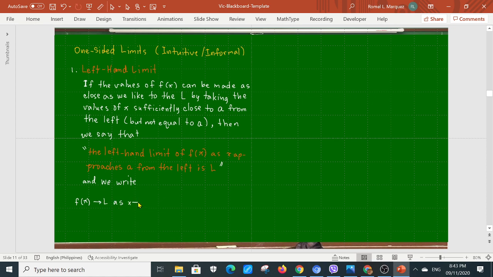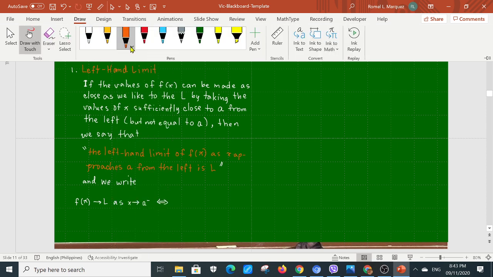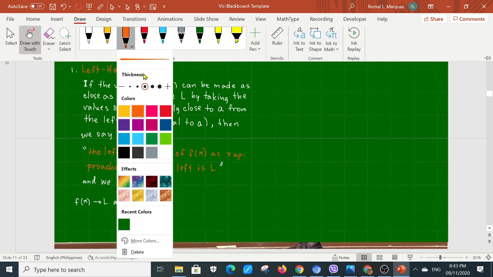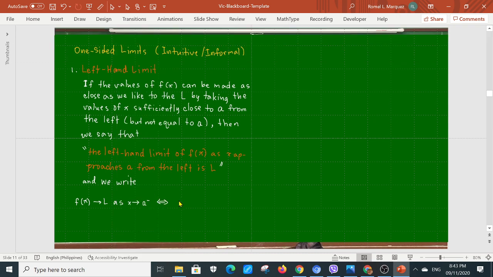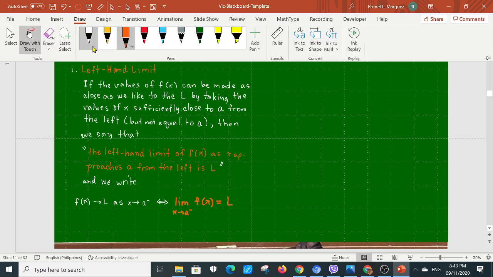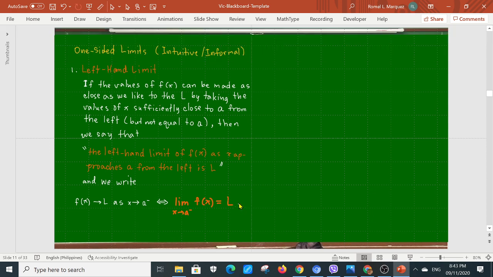As x approaches A from the left, or equivalently, we have the limit as x approaches a from the left of f of x is equal to L. So that's how we write the definition of left-hand limit intuitively.